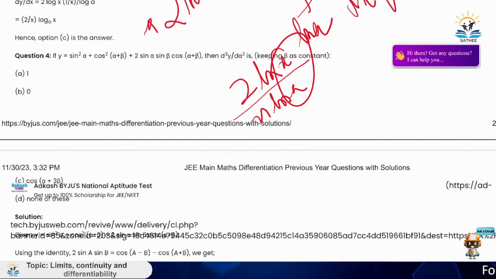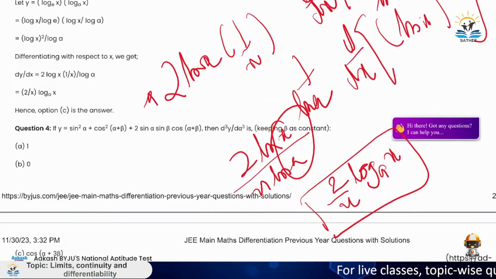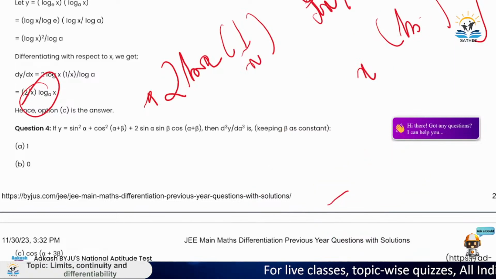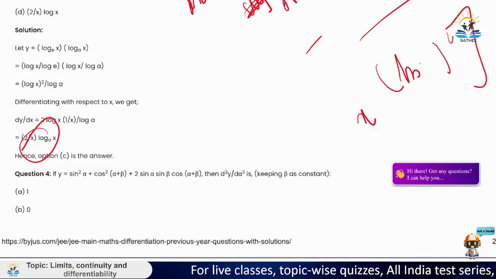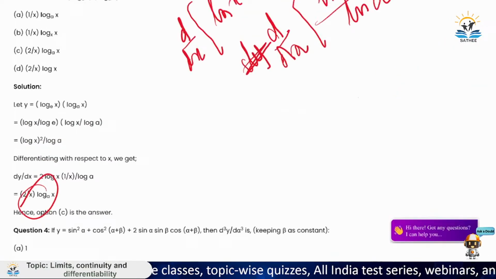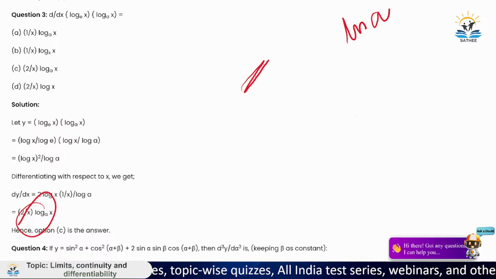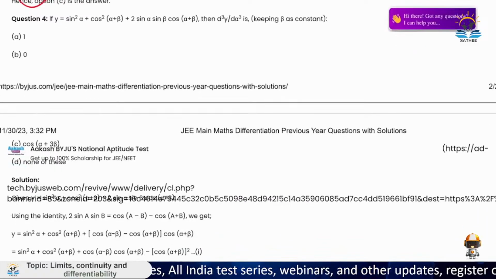And this can be again written as 2/x times log of x base a, right? So this is the answer that we have, and so my solution is correct. Sometimes questions can have a bunch of concepts applied together. Here, we applied two concepts together; we had to know some equations and theorems of logs as well to solve this question.